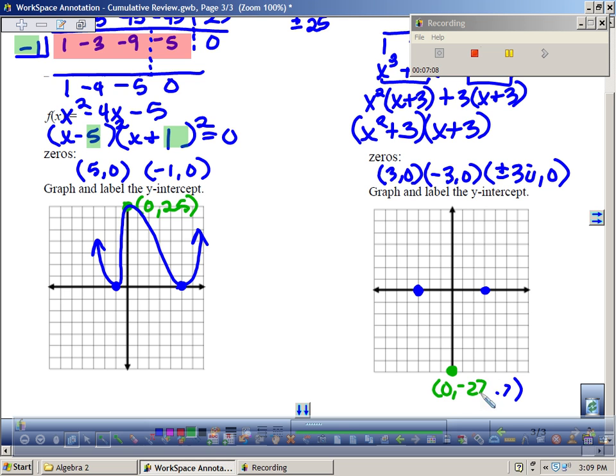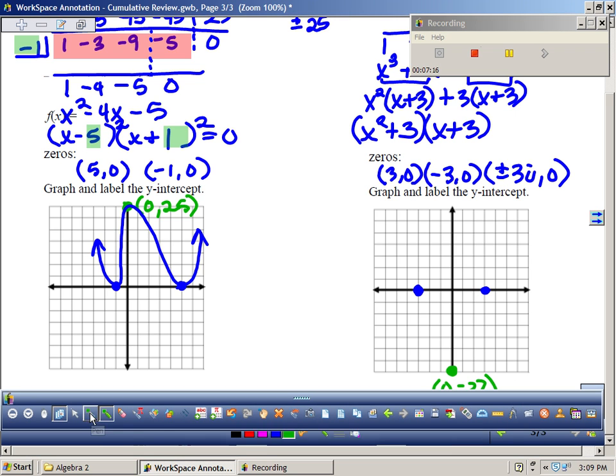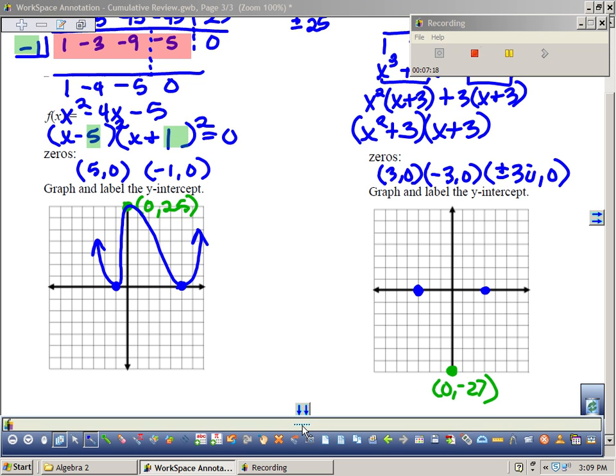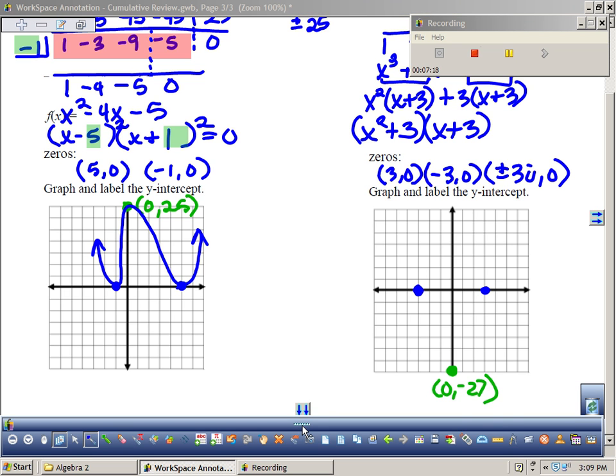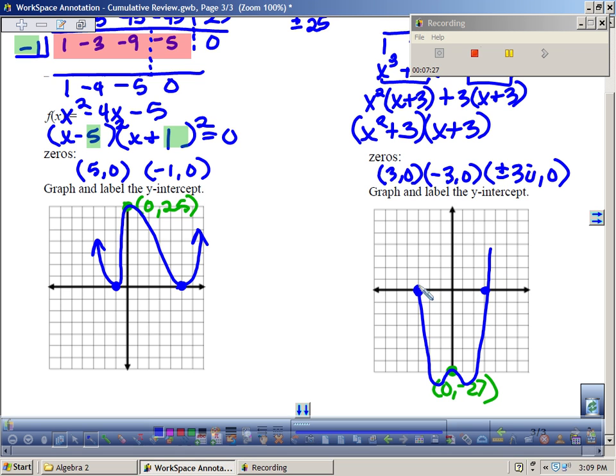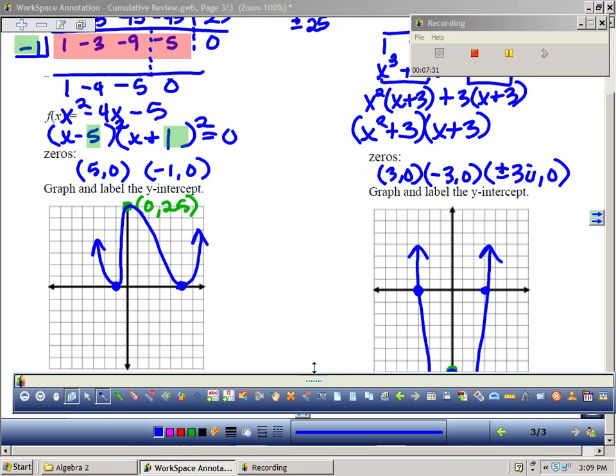So 0, negative 27. This is left over from the last time. And I'm going to go ahead and graph it. So it's a positive function, so I'm starting in the positive quadrant, and it kind of hits that y-intercept and comes back up. And that's it.